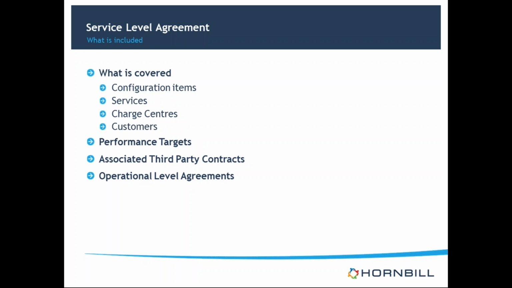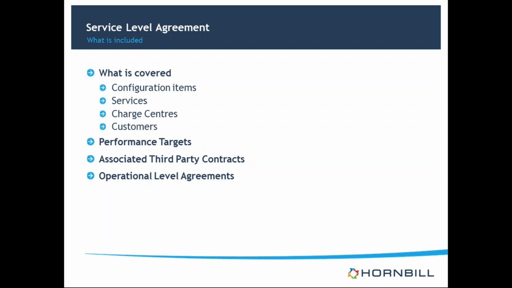Things like your configuration items, your hardware, software, network items, they can be linked to a service level agreement. So you could have a service level agreement that says we would support all the hardware within your organization. We could also have a service agreement that includes support for services that are offered to an organization.